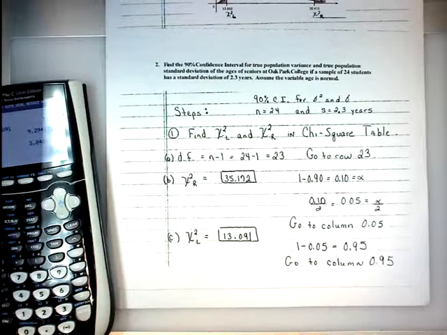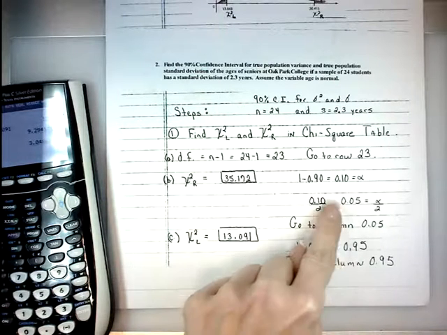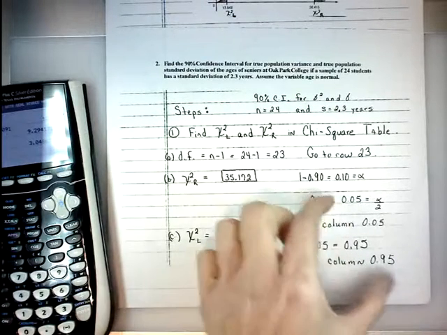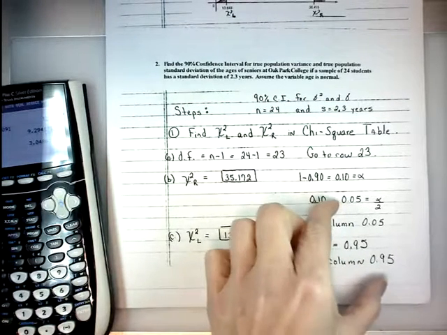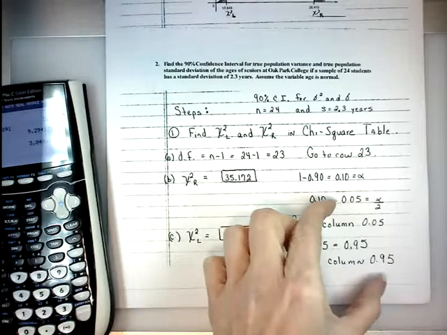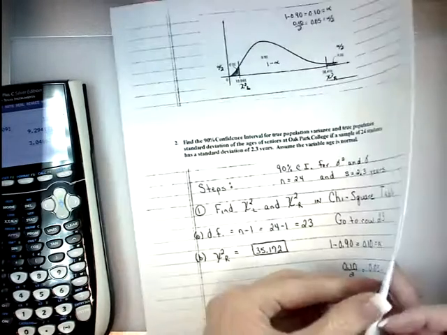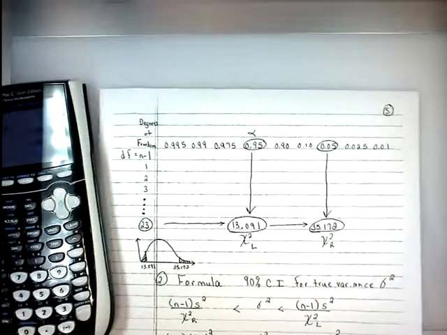So go to column 0.95. And column 0.05 and column 0.95 are symmetrical. Those two columns add up to be 1. Then once you have those two values, and those are the values I just showed you, you go to the table.